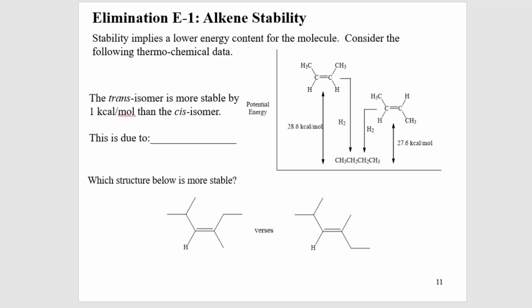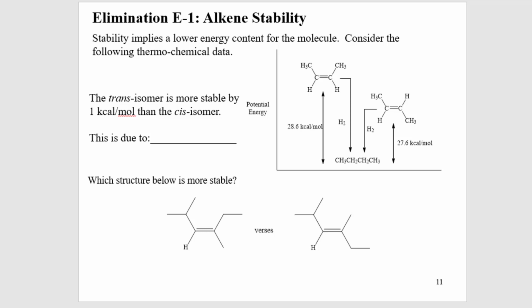But there's also one other thing that you probably don't have in your repertoire yet, and that's the stability trend for an alkene. So the trans isomer is going to be more stable by about 1 kilocalorie per mole than the cis isomer. So I've got those drawn here. And 1 kilocalorie per mole is actually pretty decent.